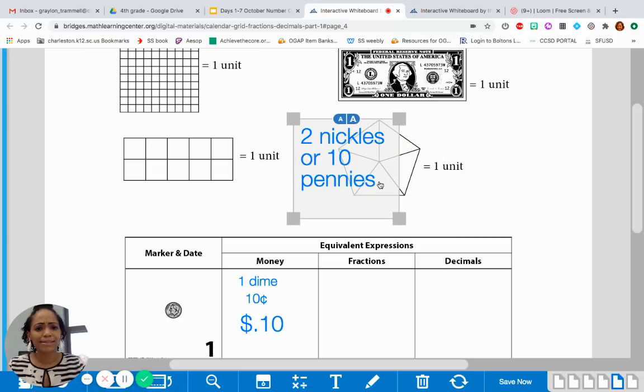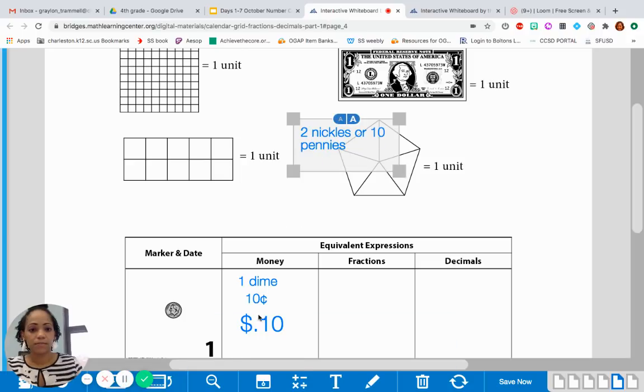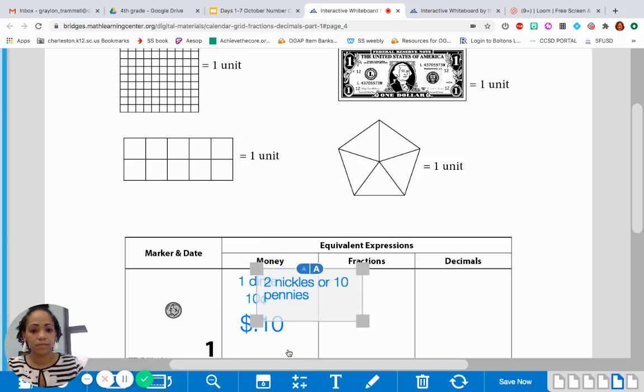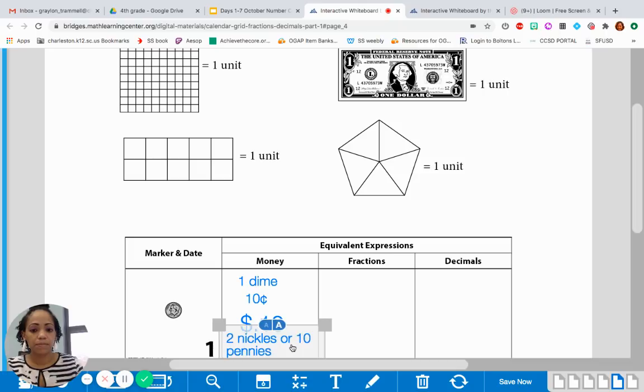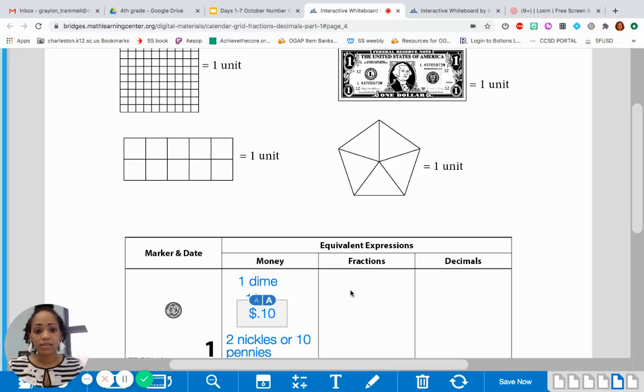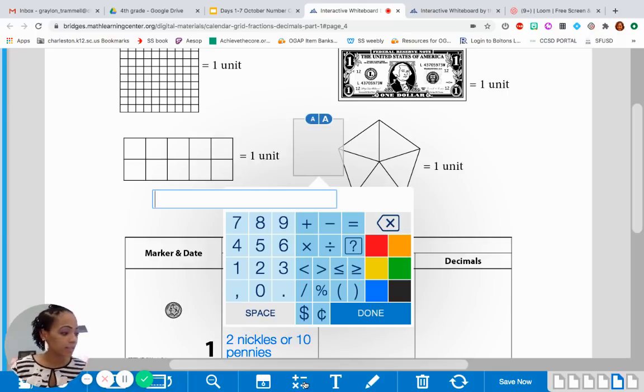How might I say 10 cents as a fraction? Okay, so 10 cents is, you got it, 1/10 of a dollar, because I would need 10 of those dimes in order to make a whole dollar.